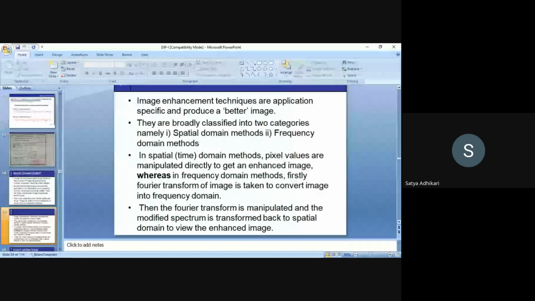The image may not be manipulated directly, so we transform using the Fourier transform. Once it is converted, it can easily be manipulated. After manipulating, we convert it back to its original form using the inverse Fourier transform.